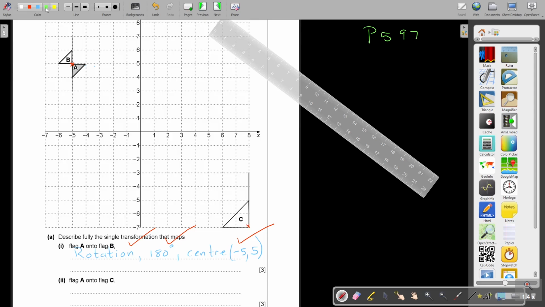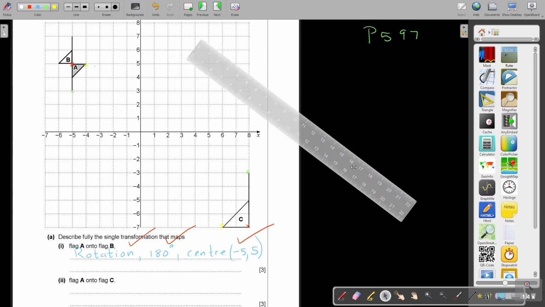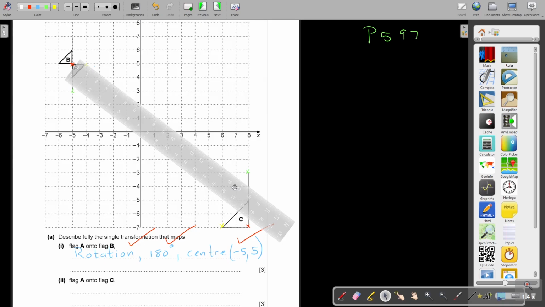And then the end of the flag and the end of the flag, and we can also connect maybe that sharp point there. Okay, so we connect those points. So if I take now my ruler, okay, there's my ruler. And I put it now, say I do it on the yellow first.